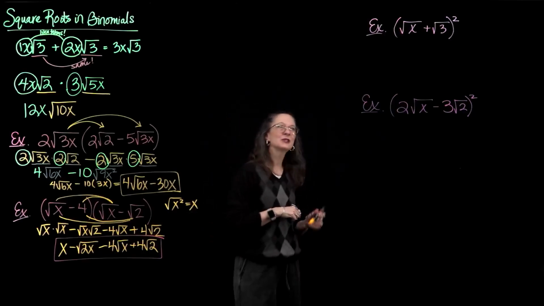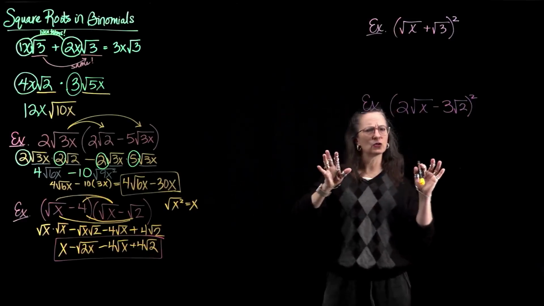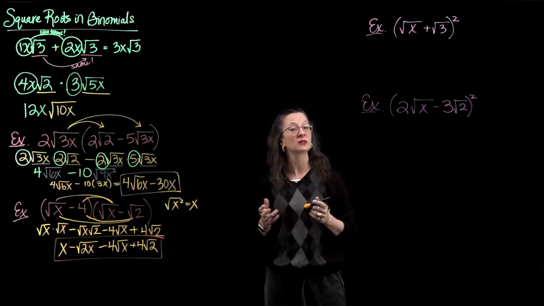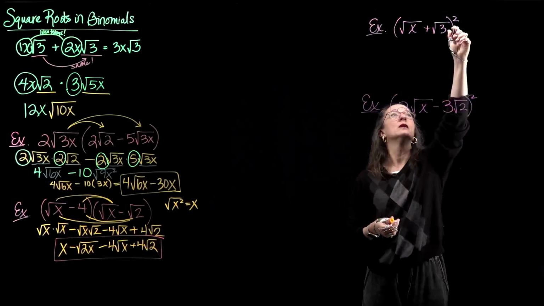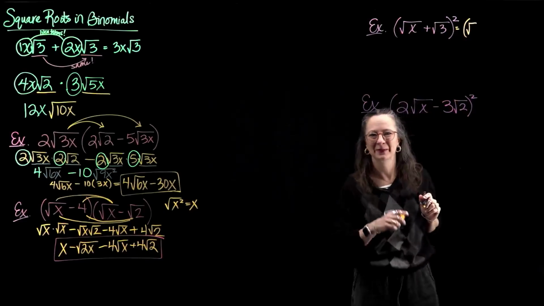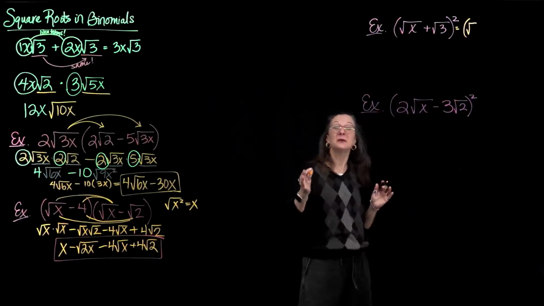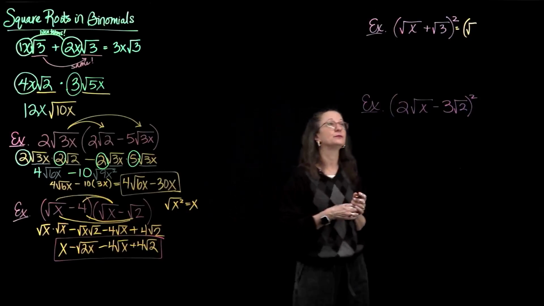All right, let's look up here. I got a little fancy here. I didn't write out the two binomials. I just wrote out that it was a binomial squared. But remember, we know that this is really, oh, let me say what the problem is first. This is in parentheses, square root of x plus square root of 3 squared.